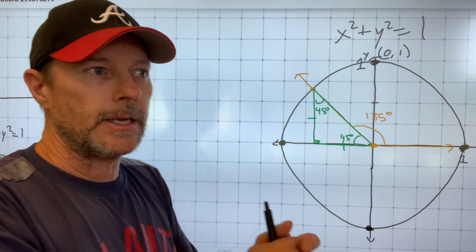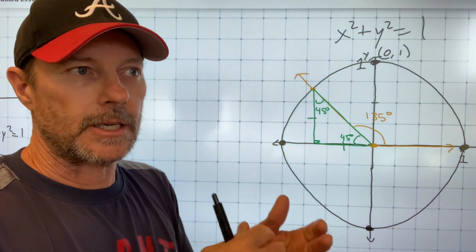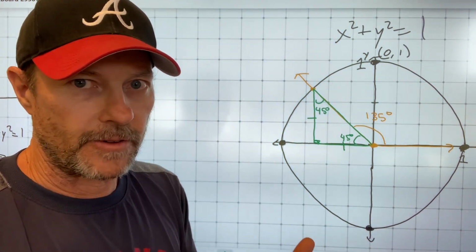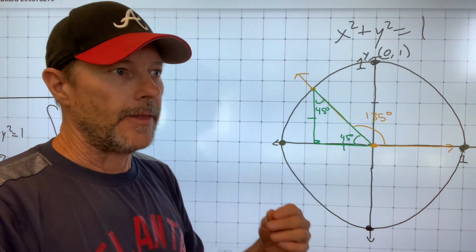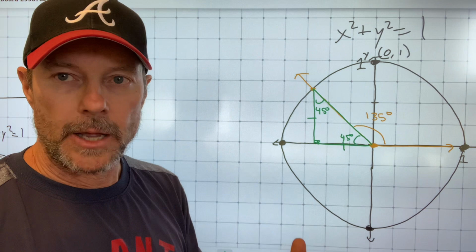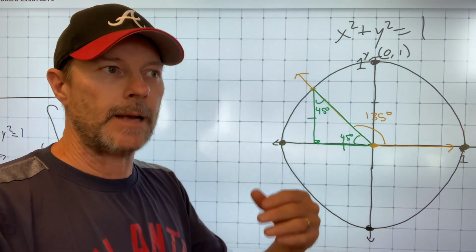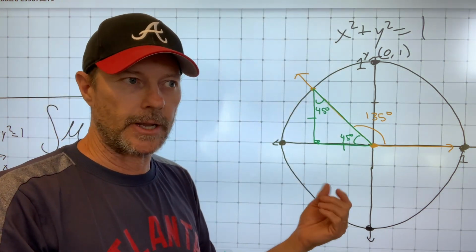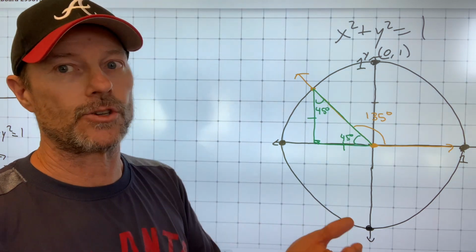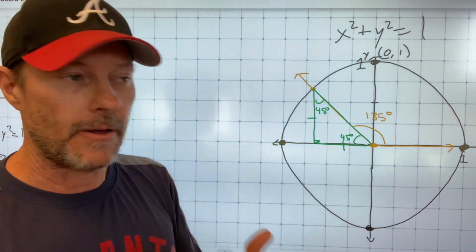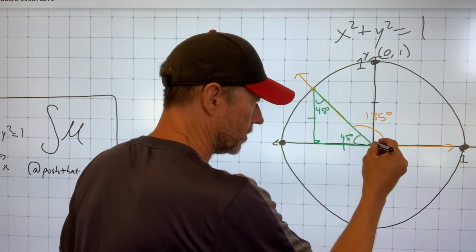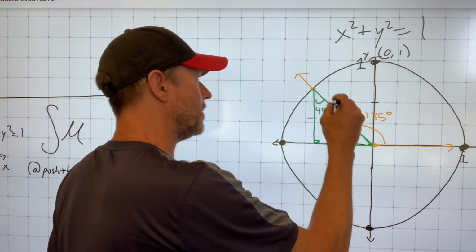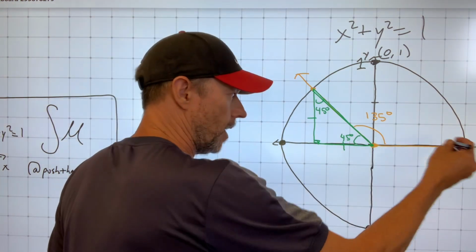So we can use the rule that's called the isosceles right triangle rule, also called the 45-45-90 rule. That says that the hypotenuse is the square root of 2 times larger than each of the legs, and each leg is the square root of 2 times smaller than the hypotenuse. And our hypotenuse here is the radius of the circle because it goes from the center out to the edge of the circle. Well, the radius is 1.